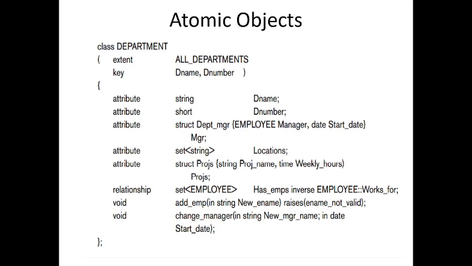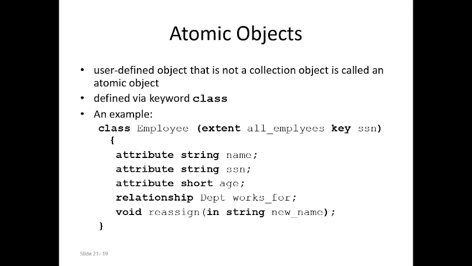We can define, for example, in the case of employee, we can create multiple employee objects, and such employee objects will be structured objects, because this employee object will have a complex structure with many attributes, relationships and operations, but it is still considered atomic because it is not a collection. Okay, it is all the details about an employee, it's not a collection, so it is known as an atomic object.